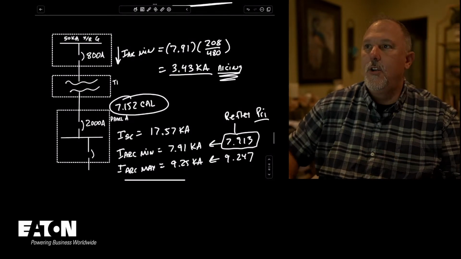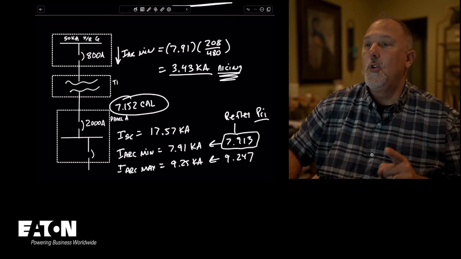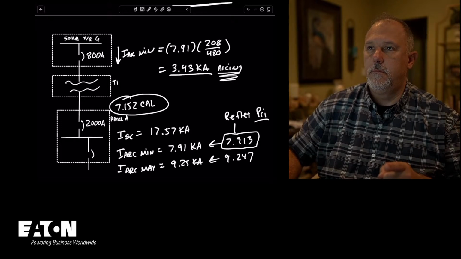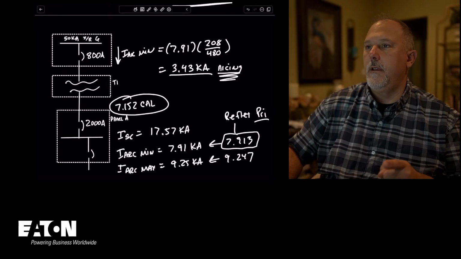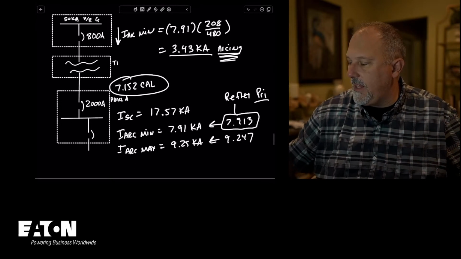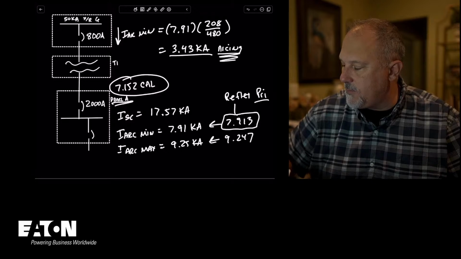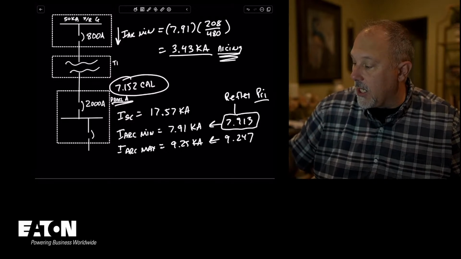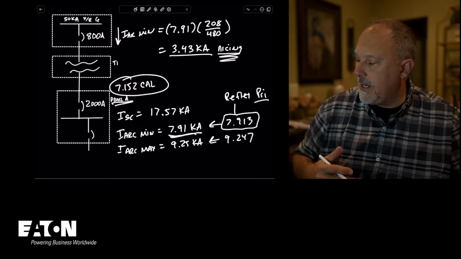And then we went to determine the arcing current. We used a web page, arc.busman.com, and we put in the value to determine the arcing current's maximum and minimum on the secondary of the transformer at this panel A. That came up to be the lowest of 7.91 kiloamps.